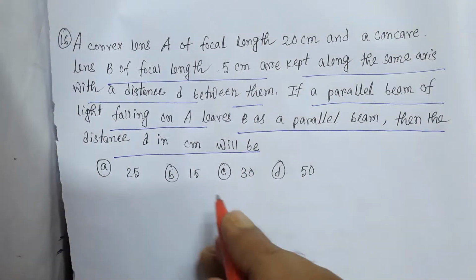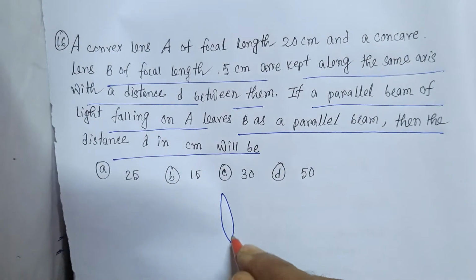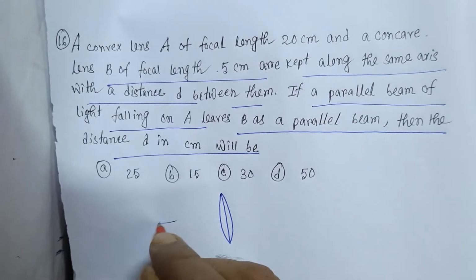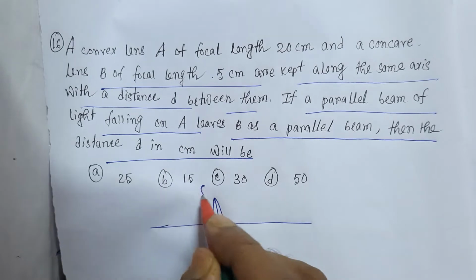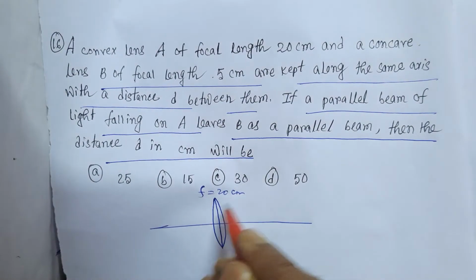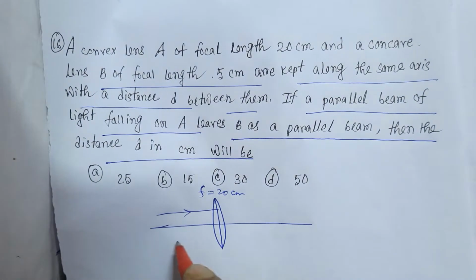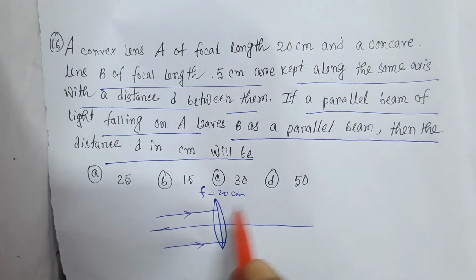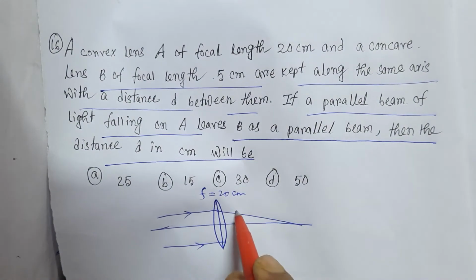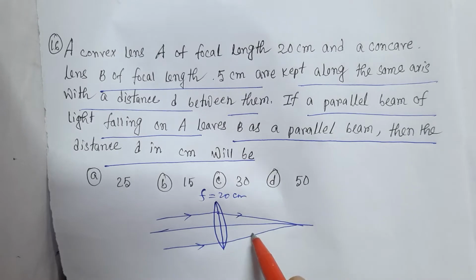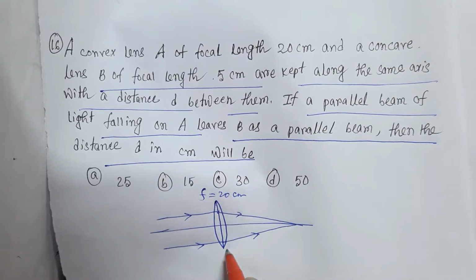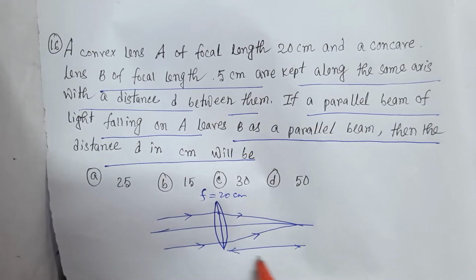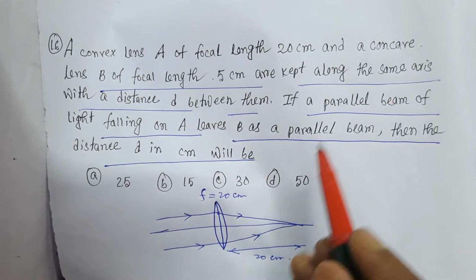We have a convex lens of focal length 20 centimeter and a parallel beam of light is incident on it. So this parallel beam of light should meet at the second focal point, and that is the distance of the image from the lens is 20 centimeter.